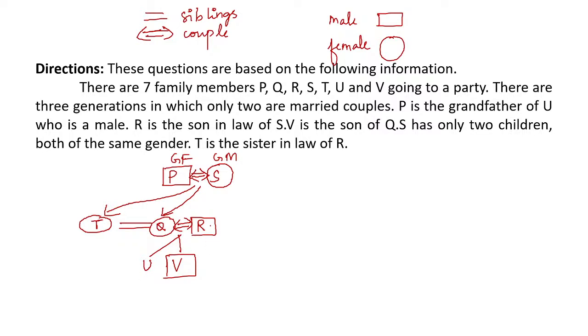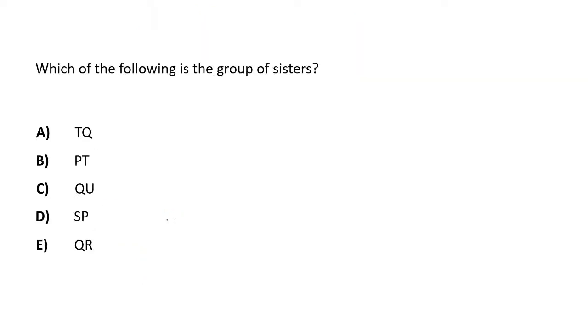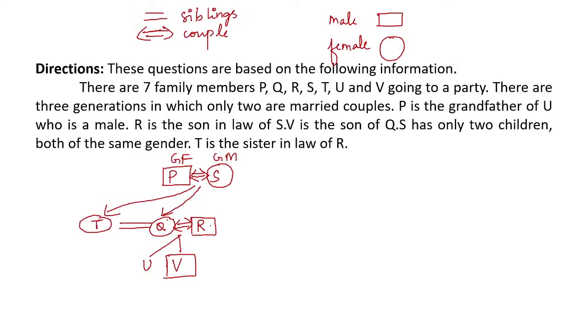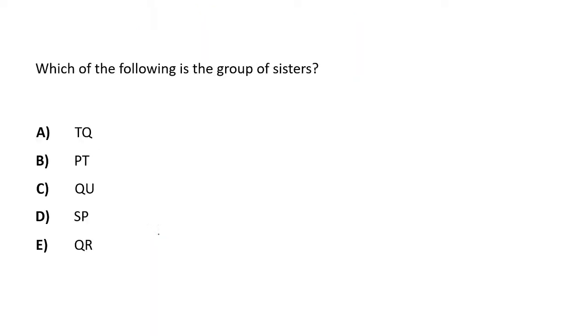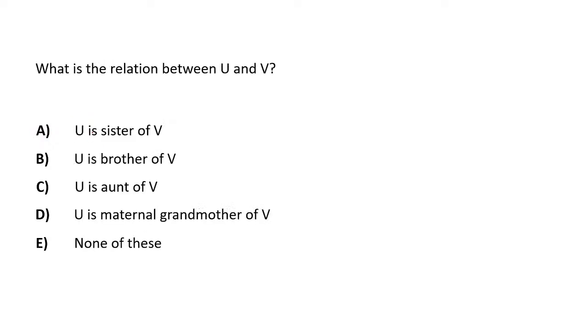U's gender is still not known. Okay, now the question, which of the following is a group of sisters? So the group of sisters, we just now found it to be T and Q. Okay, so T and Q being the sisters, this is the only option that we have. So answer is A. Done.